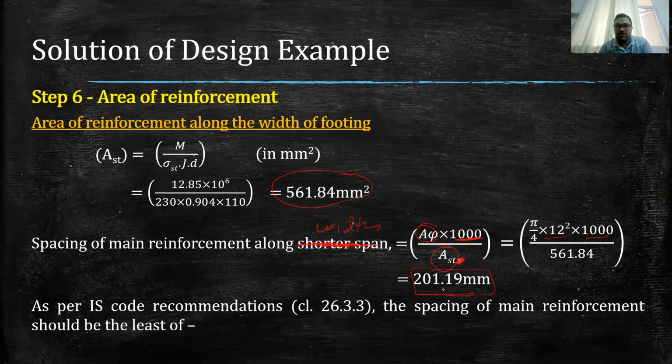Now we have to check this spacing for the IS code recommendation, because you can see that the footing of the wall is like a slab. Like we follow the spacing recommendations for slab, we are going to follow the same for the footing also.